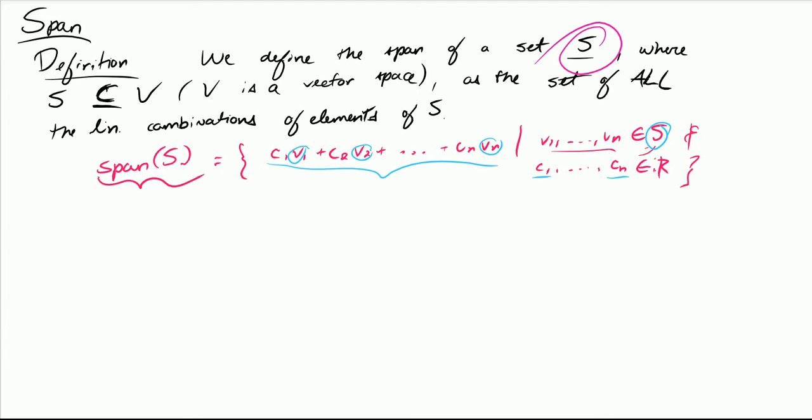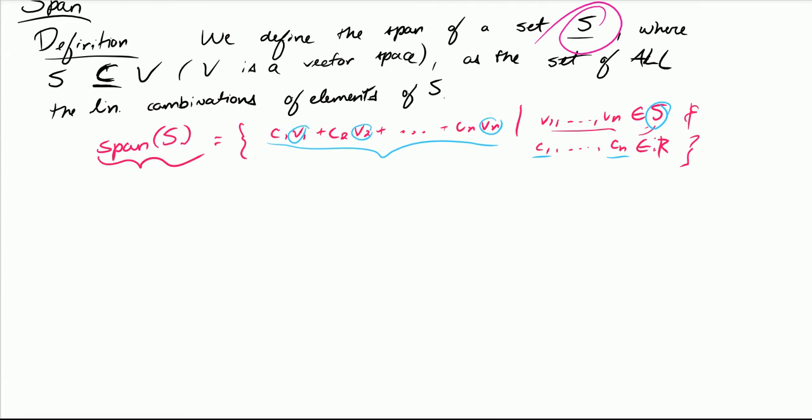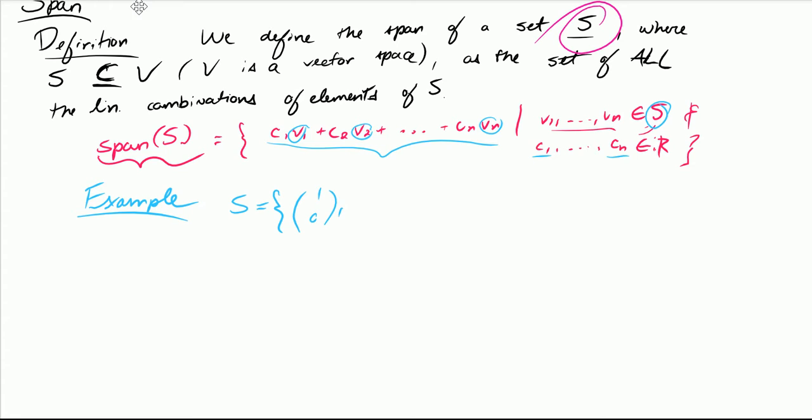Now let's just do a quick example. If I have a set S that's (1, 0) and (0, 1), so this set of two vectors, and I ask you what is span S, what is the result of all the linear combinations of (1, 0) and (0, 1)? Well, let's think about it for a second.